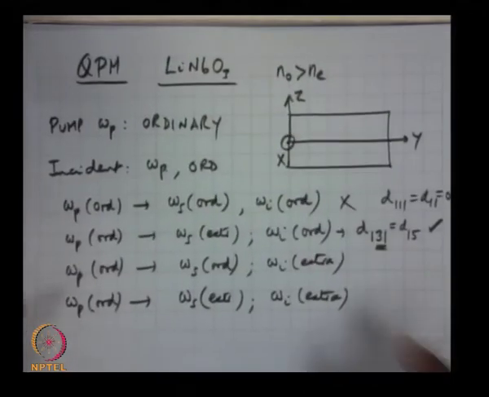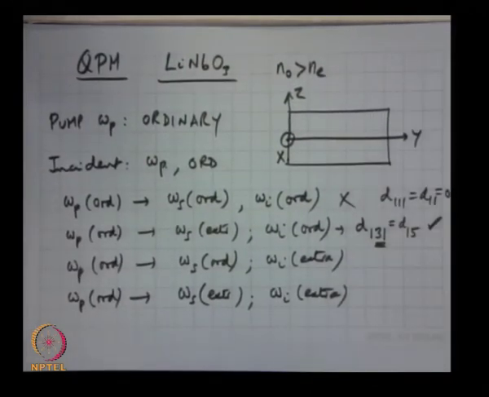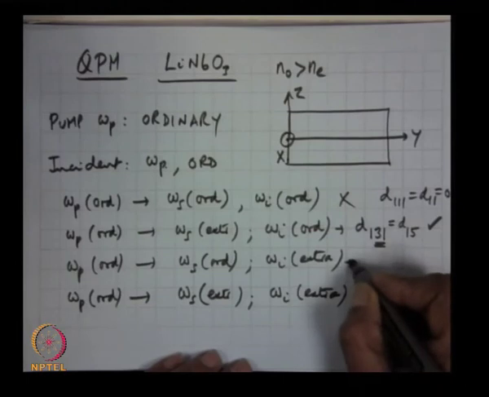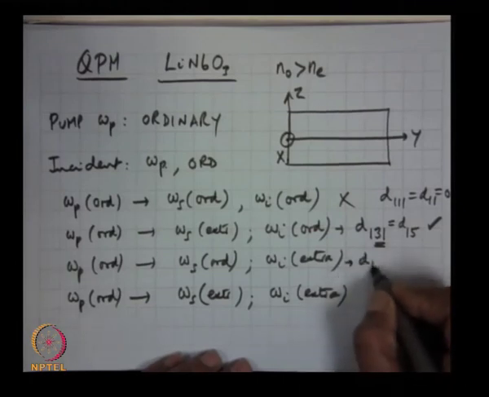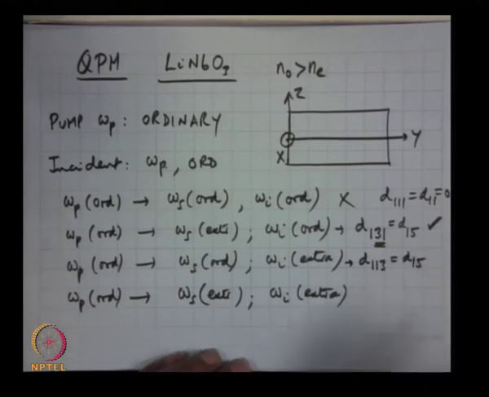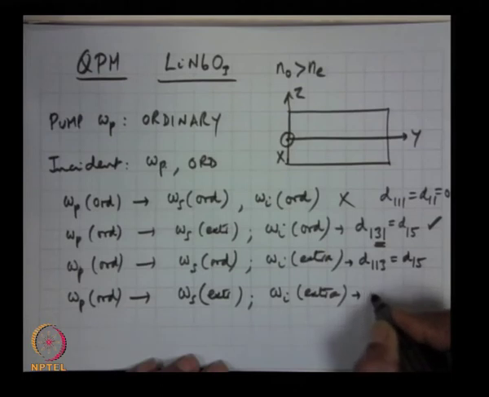So I'll calculate now what is the period required, but before that, what about this one? D1, 1, 3, which is D15. 1, 3 and 3, 1 are the same. And what about this? D1, 3, 3.